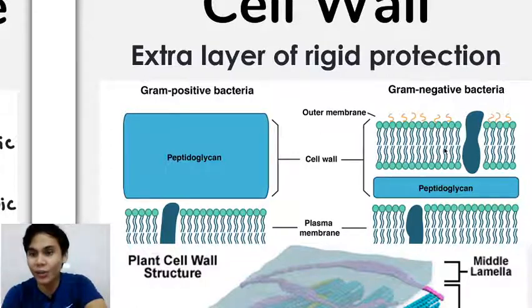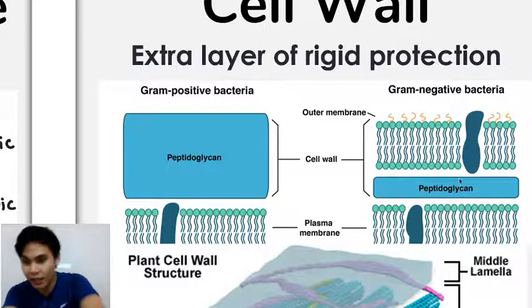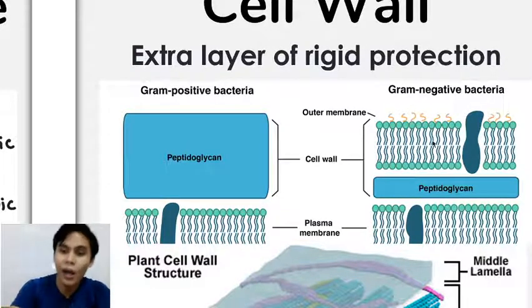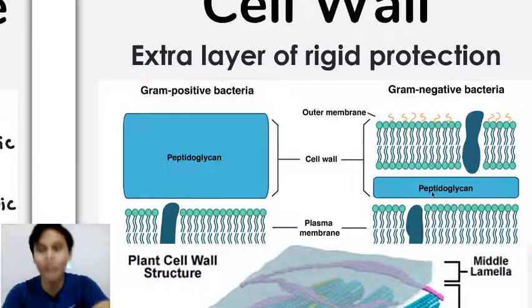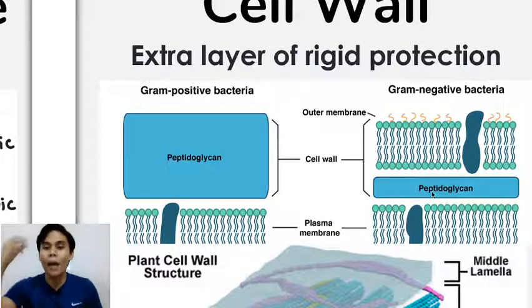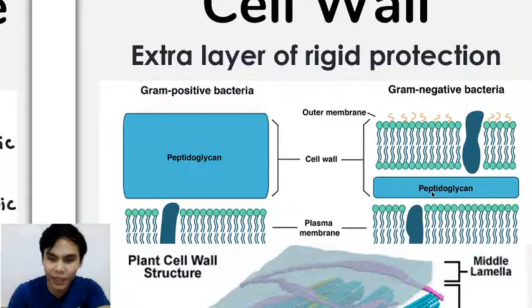On the other hand, for gram-negative bacteria, the crystal violet cannot get to the peptidoglycan layer because there's an outer membrane. And the peptidoglycan is very, very thin in your gram-negative bacteria.